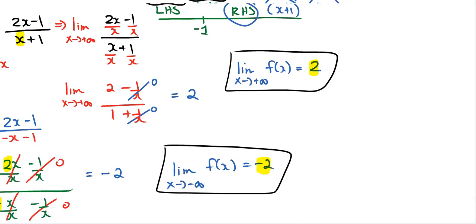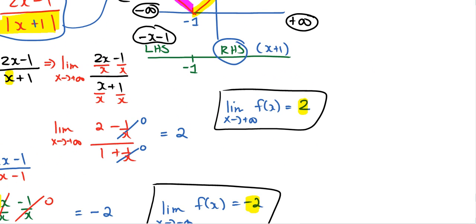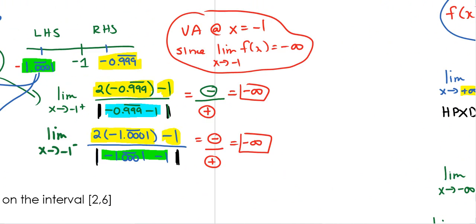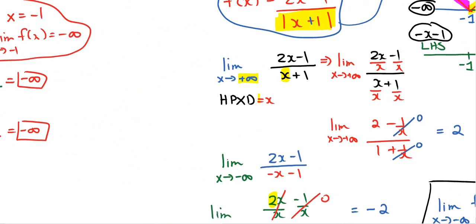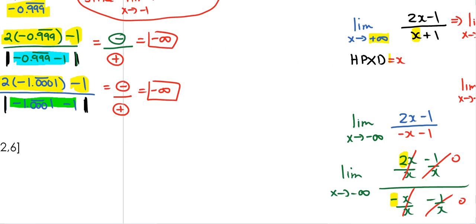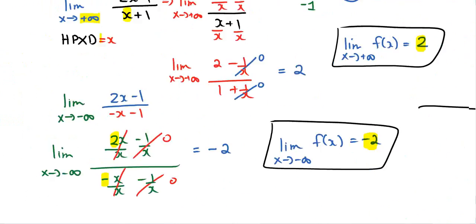So if I did graph this, it seems like you have a vertical asymptote at negative 1, and you have a horizontal asymptote at 2 and negative 2. So if I did graph this kind of function, you would have a vertical asymptote at, sorry, it was at negative 1.